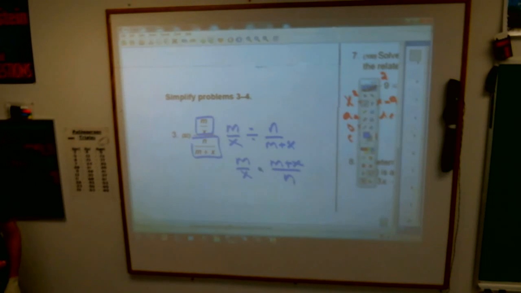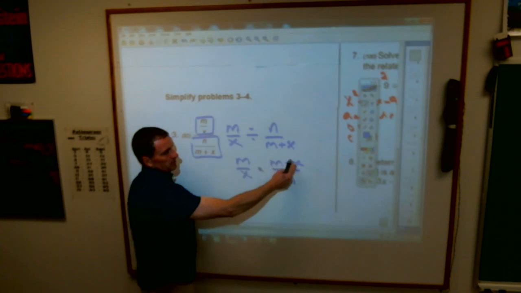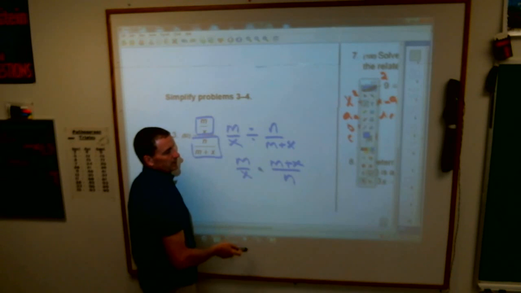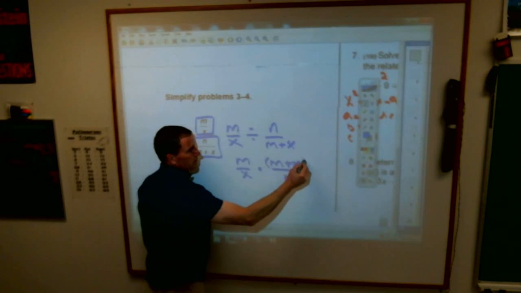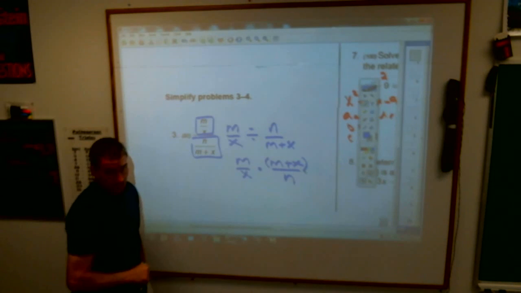And then you look to see, can you cross something off? Caitlin? The x's. I cannot cross the x's off. Why can I not cross the x's off? Because this is part of an addition. You can only cross them off when they're factors. The only way this would ever cross off is if there was another m plus x in parentheses somewhere else.